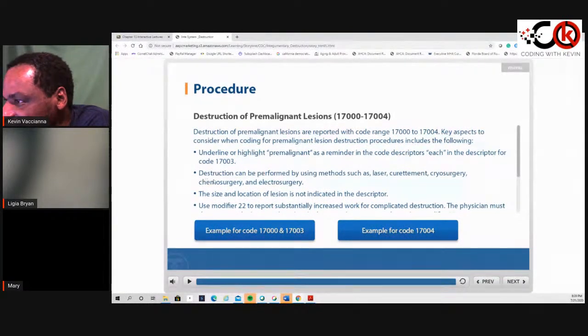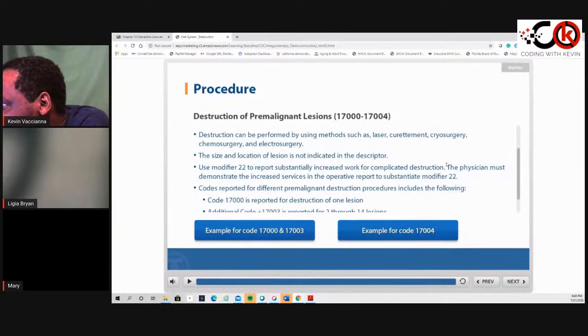And then it says destruction can be performed by using methods such as laser, curettement, cryosurgery, chemosurgery, and electrosurgery. The size and the location of the lesion is not indicated in the descriptor. Use the modifier 22 to report substantially increased work for complicated destruction.